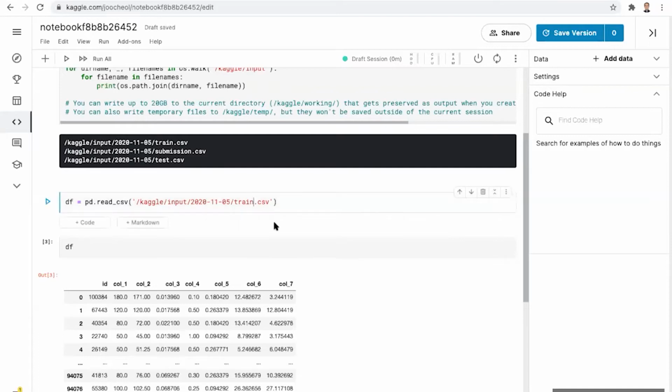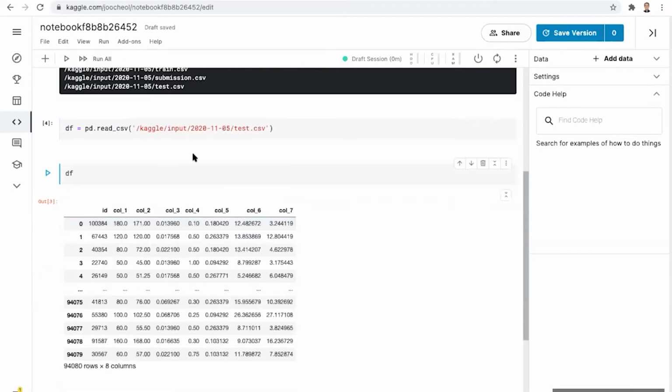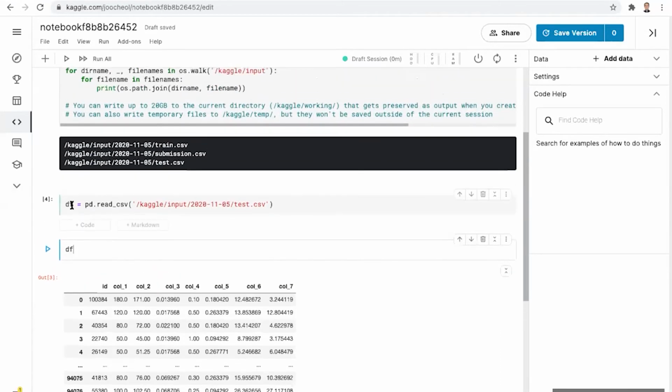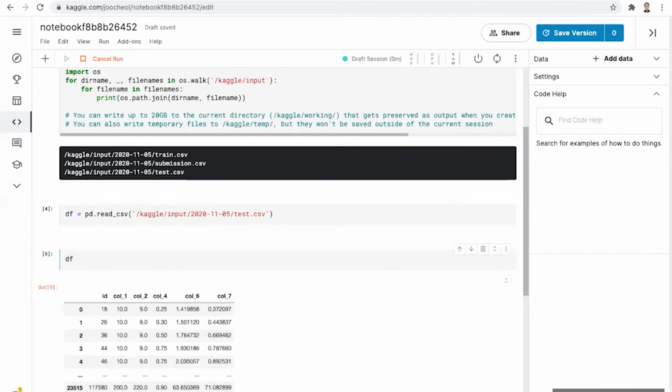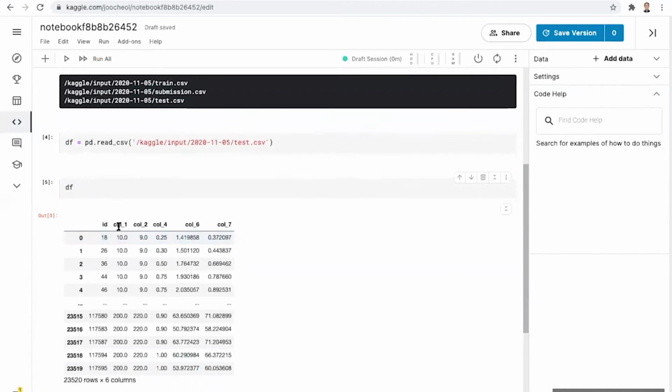Okay, how about the test CSV? Now the df contains the test.csv. When I look at this, it has columns 1, 2, 4, 6, and 7. So column 3 is missing and column 5 is missing. And our target is to predict column 5.